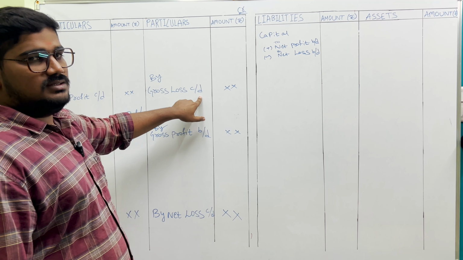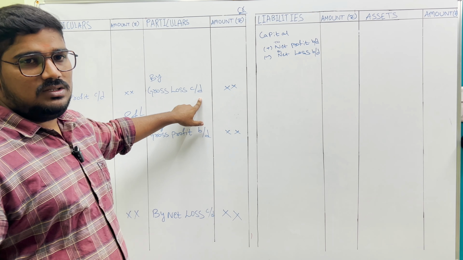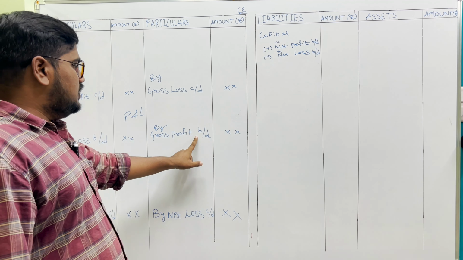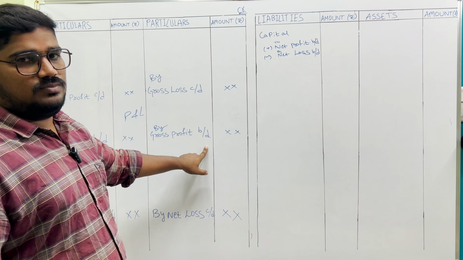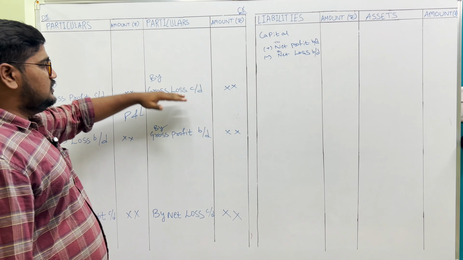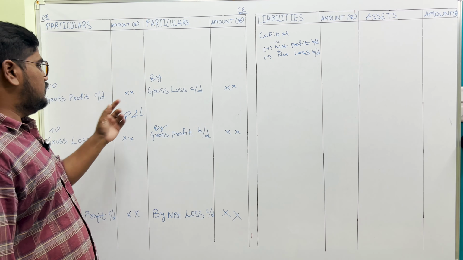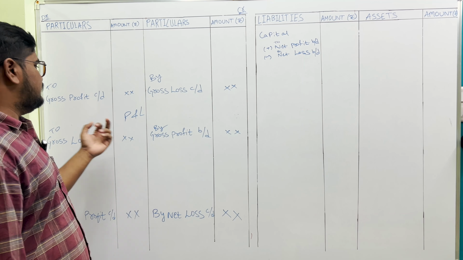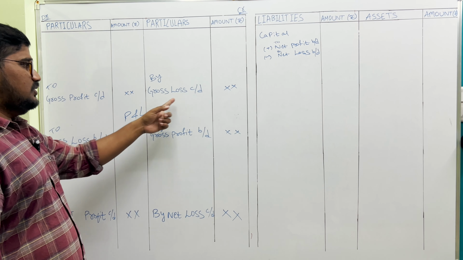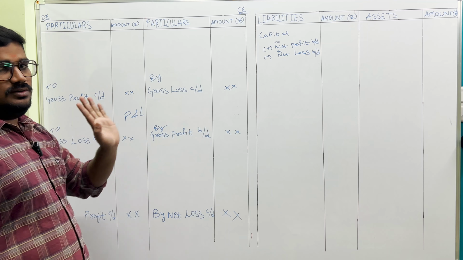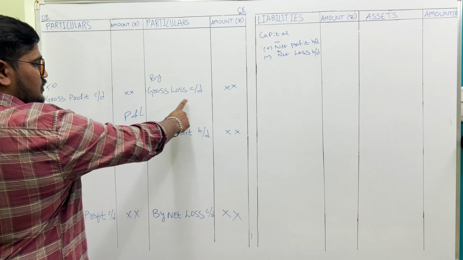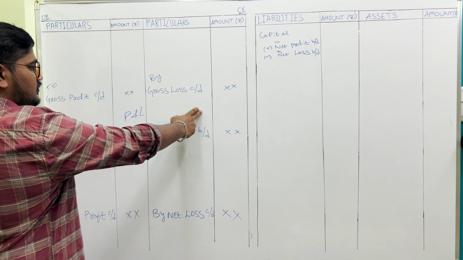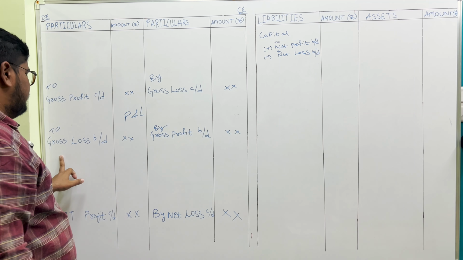C/D is nothing but carried down, the shortcut for carried down. B/D is brought down. So at the end of the account, we put the carried down amounts. Either it may be gross profit or gross loss, carried down. If we get gross loss, then that gross loss will come to the P&L account debit side.